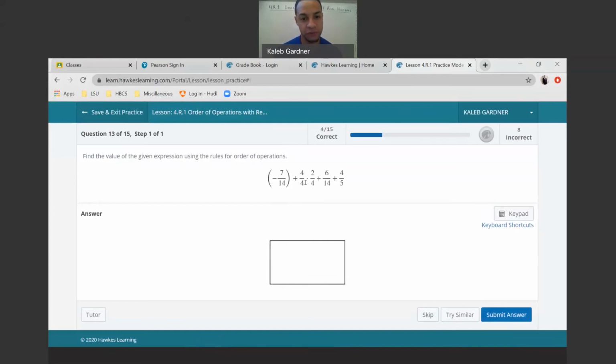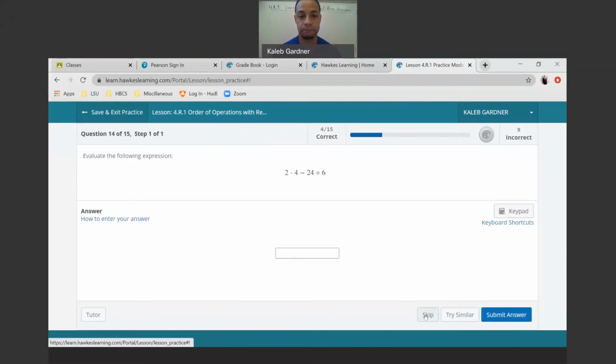We would multiply first, then divide, get a solution from all of that. Then we have a fraction plus this solution, which is a fraction, plus another fraction. And we would have to find common denominators again. I know it looks scary, but once you take your time with it and break it down, it's really not too bad. Okay, that one's just too easy. You would multiply first, divide, and then subtract their totals.